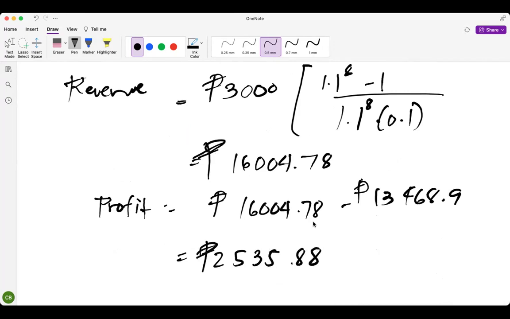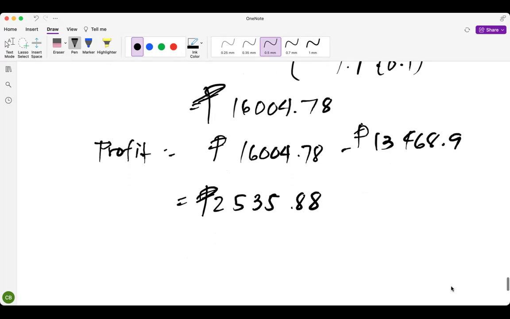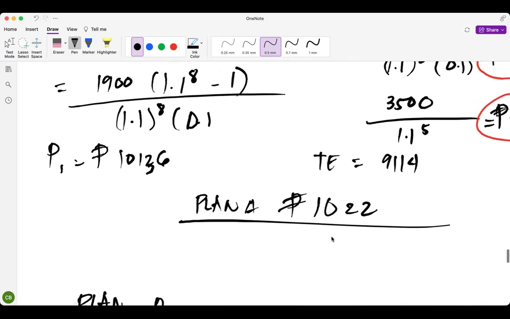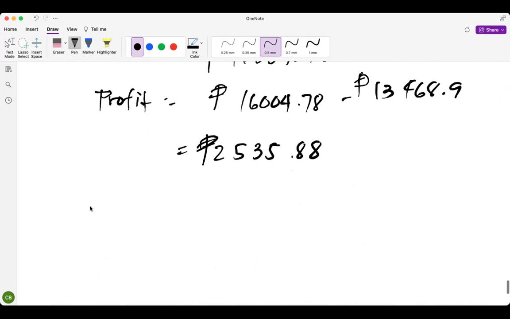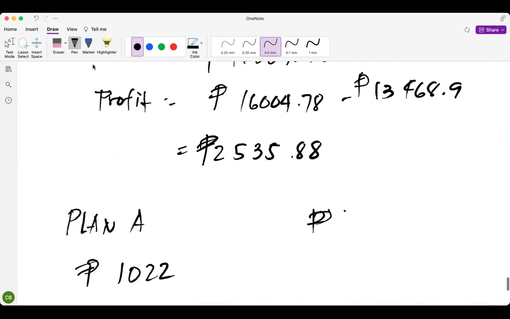So the difference between the two profits: plan A would have 1,022 pesos, plan B would be 2,535.88.